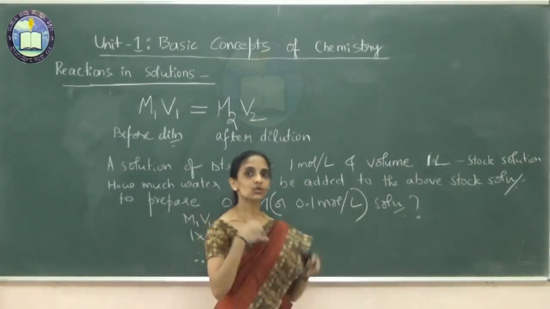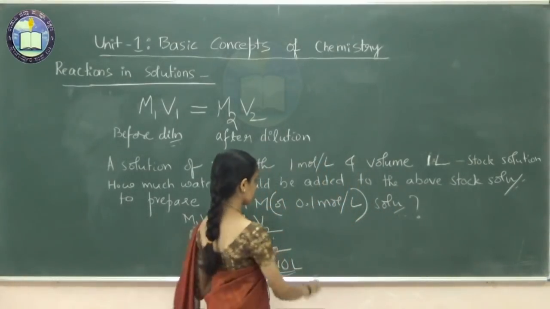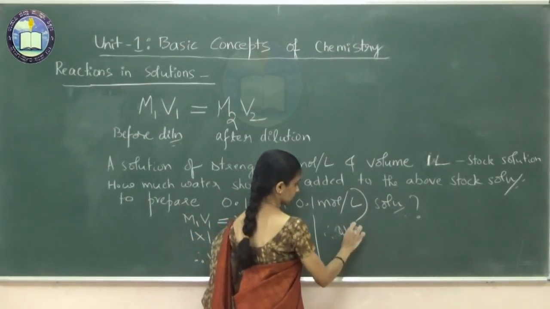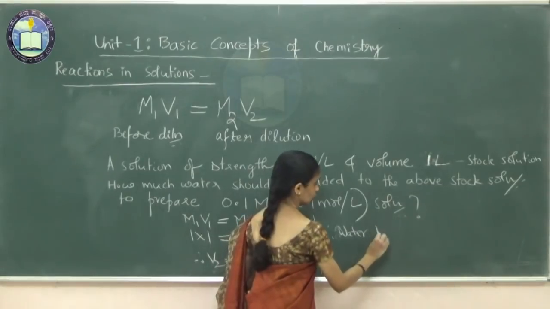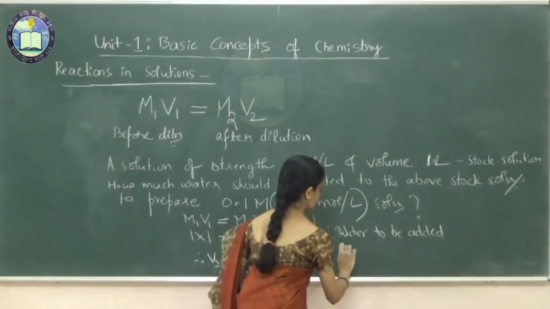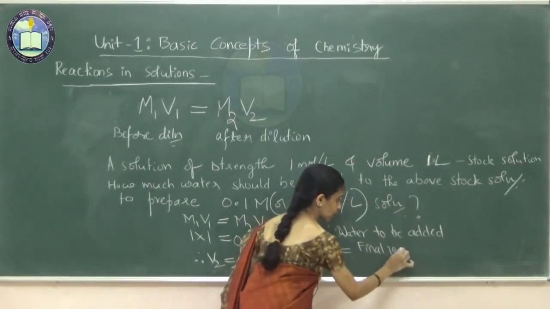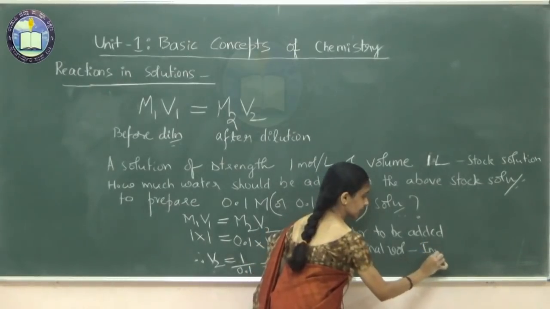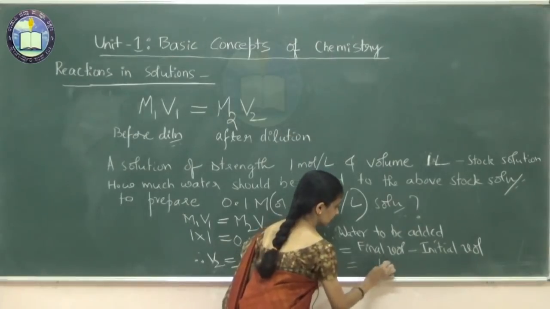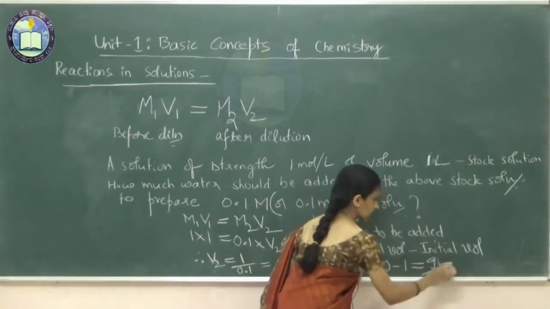It was 1 liter and must become 10 liters, so you have to add 9 liters of water. Therefore, water to be added is equal to final volume minus initial volume, equal to 10 minus 1, that is 9 liters.